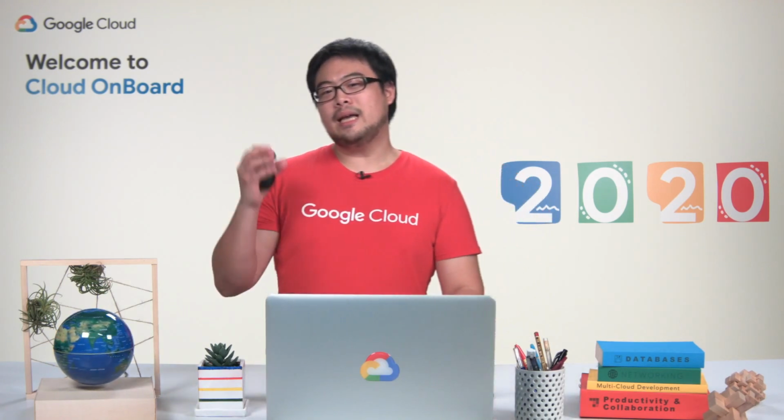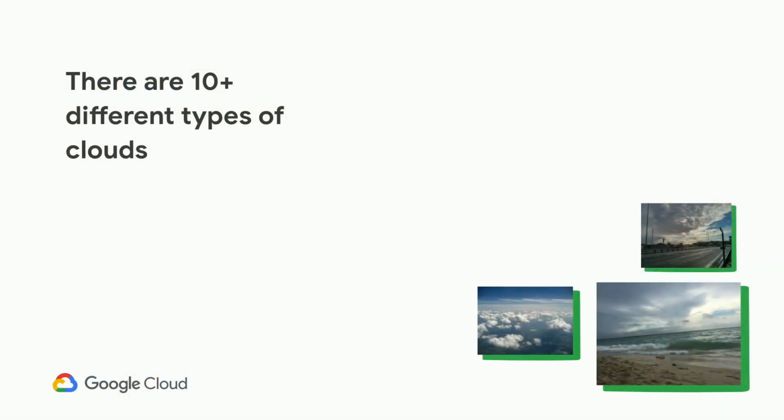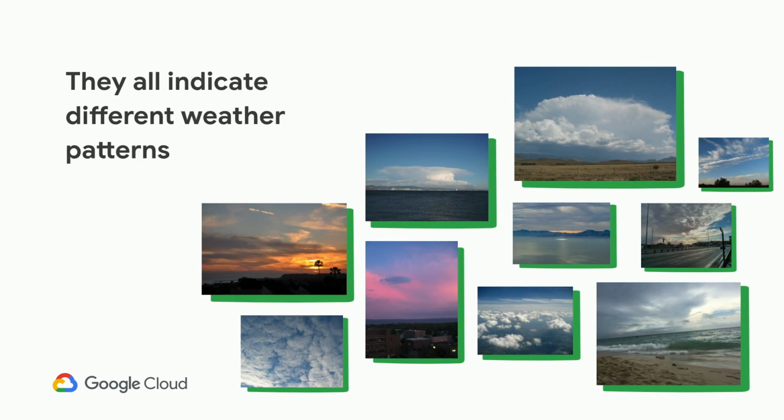All right, so these are just some examples of our pre-trained ML APIs. And then what else we do? Okay, so let's say if I'm a weather forecaster and I wanted to predict the weather trend and flight plans for image, because we know that there's several types of clouds, like this one, this one, a lot of them, and they all indicate different kinds of weather patterns.